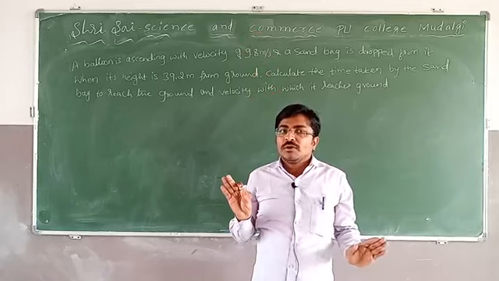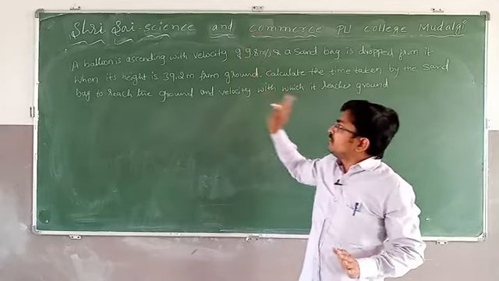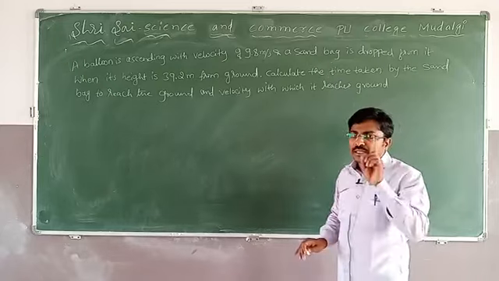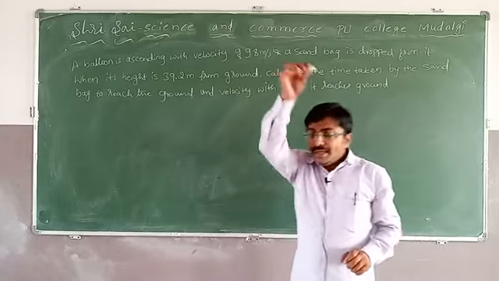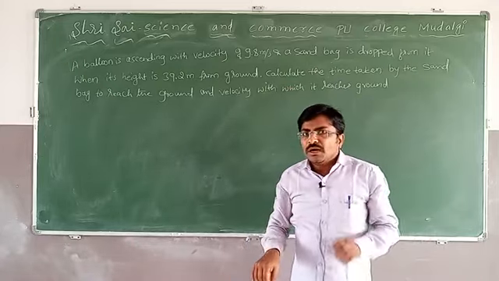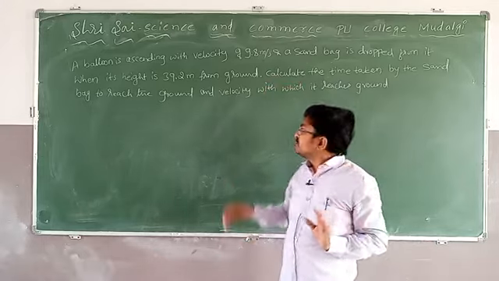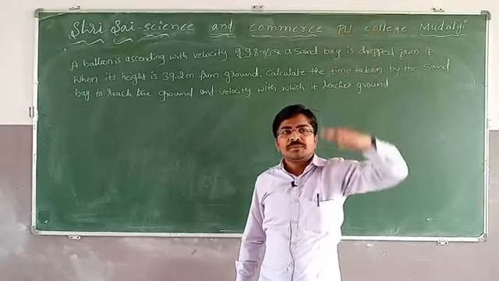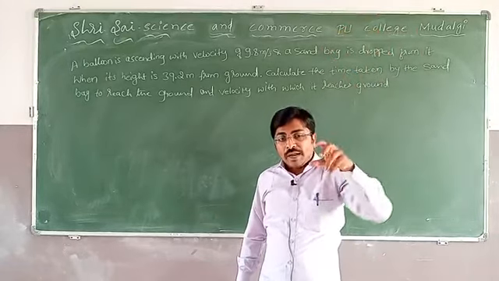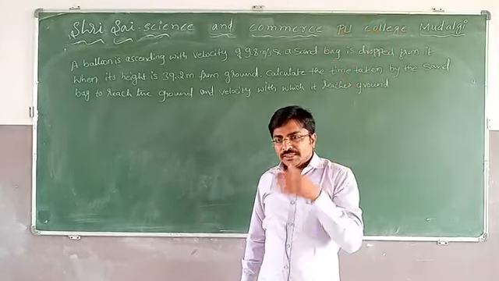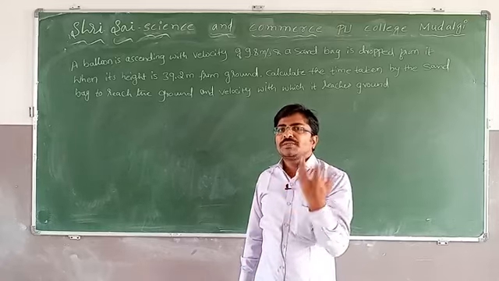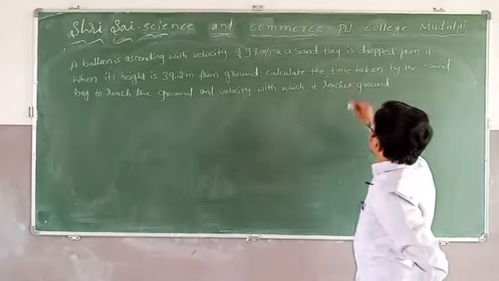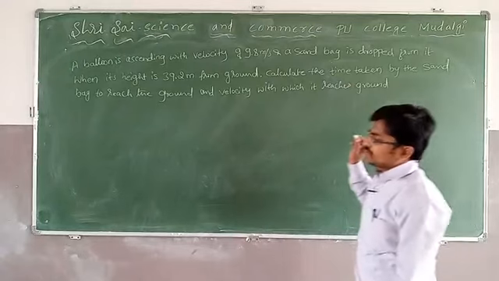That is the first question. Next, when it hits the ground, what is the velocity at that time? Because when an object is coming down, its velocity keeps changing. At the final point, when it is reaching the ground, what is the velocity at that moment, that is your question.